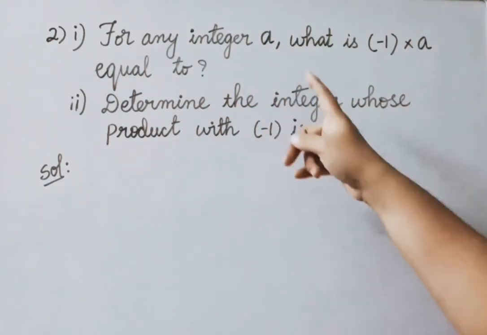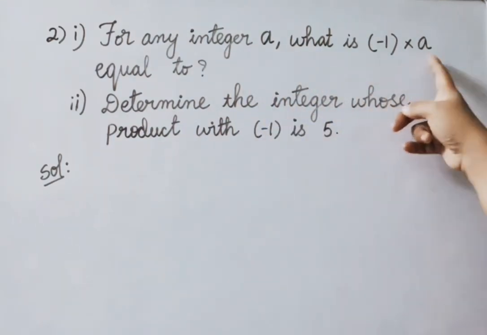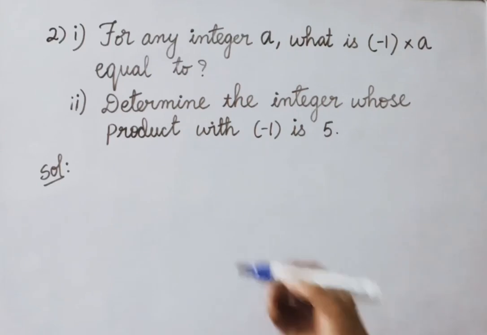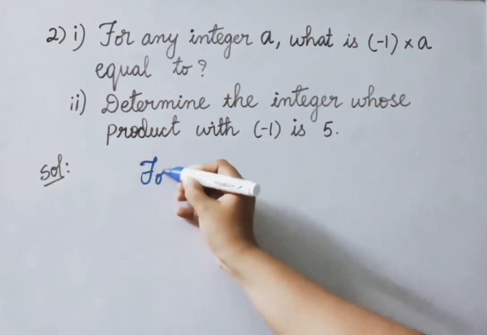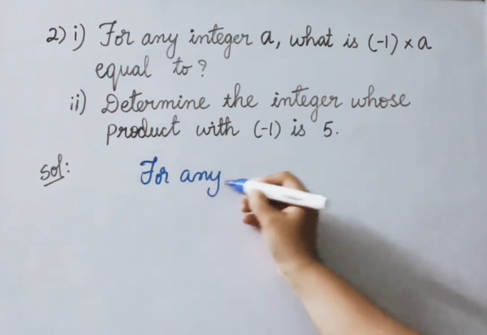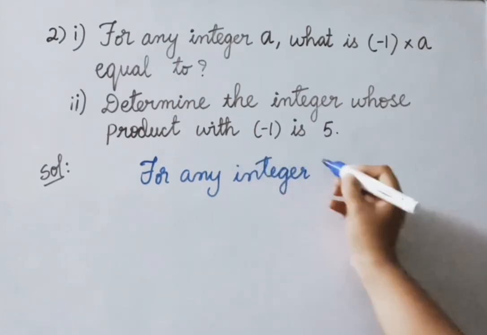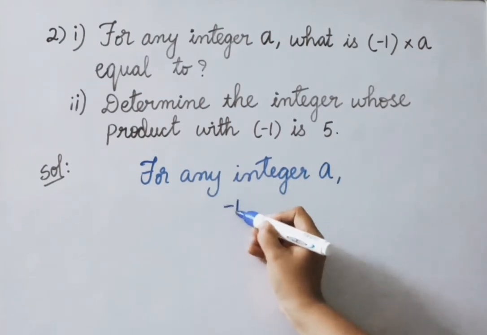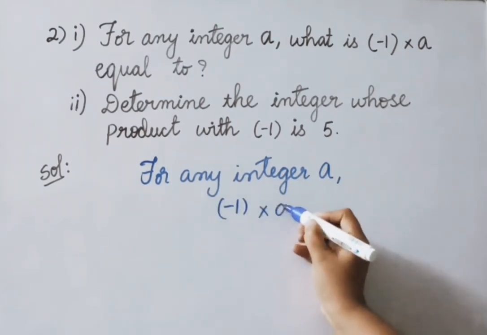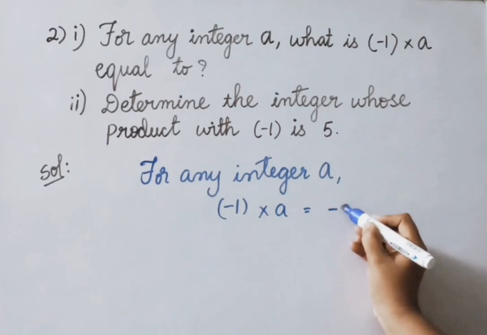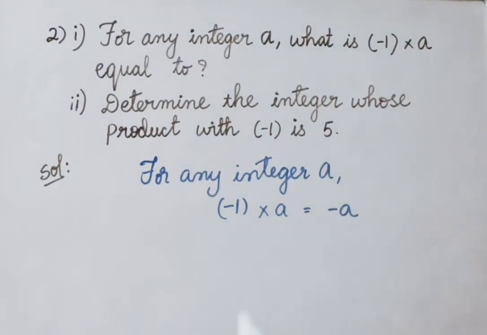For any integer a, what is minus 1 into a equal to? Let us see the solution. For any integer a, minus 1 into a equals minus a. See the second question.